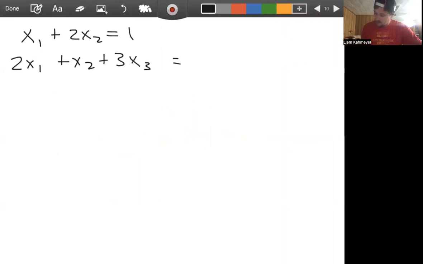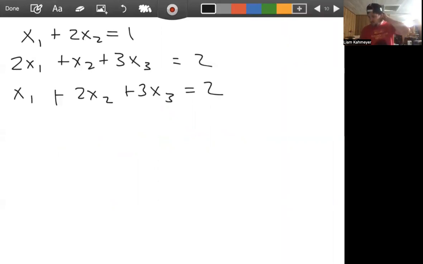So here's number 3 from this practice exam. Let's say we want to solve the system x1 plus 2x2 equals 1, 2x1 plus x2 plus 3x3 equals 2, and then x1 plus 2x2 plus 3x3 equals 2.